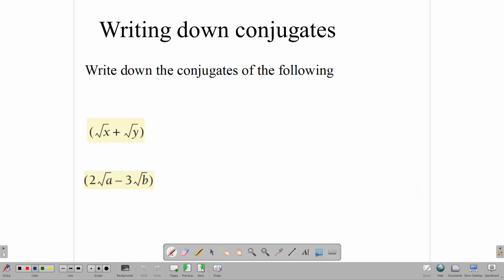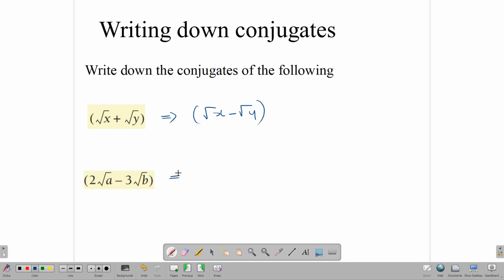Now let's look at some more questions. Here we want to write down the conjugate of this, and remember the conjugate is the same expression with a different sign. So we simply say that the conjugate of this is root x, and here's a plus, so we write minus root y.